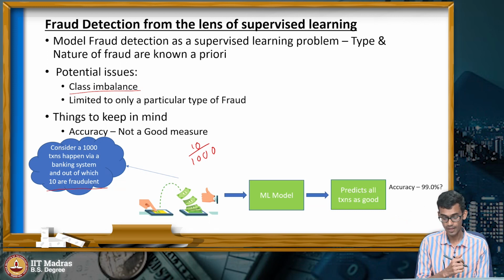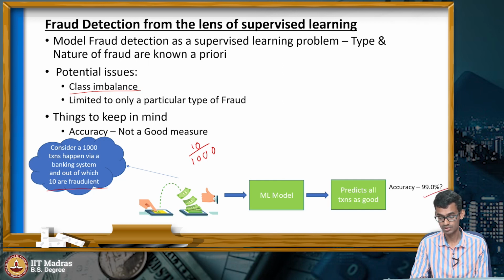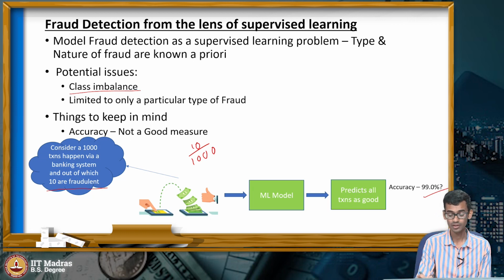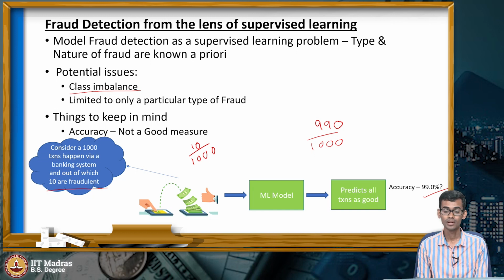So in this case, what is going to be your accuracy? Accuracy is just going to be 99%. The reason being, you have got 990 transactions correctly labeled out of the 1,000 transactions. So this results in an accuracy of 99%. But do you think this makes any sense?